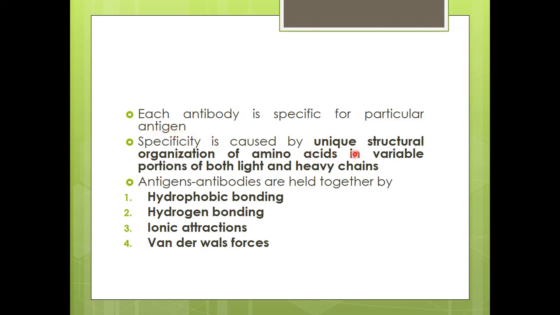This is because it has a unique structural organization of amino acids, which can bind with the specific antigen. The antigens and the antibodies are held together by hydrophobic bonding, hydrogen bonding, ionic interactions, and van der Waals forces.